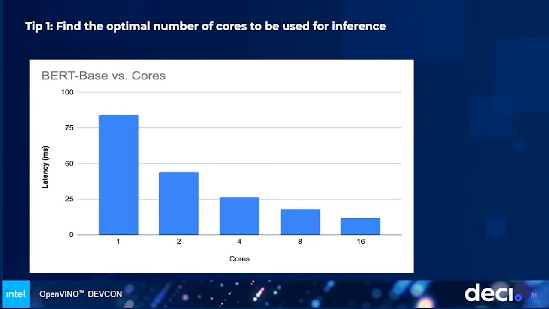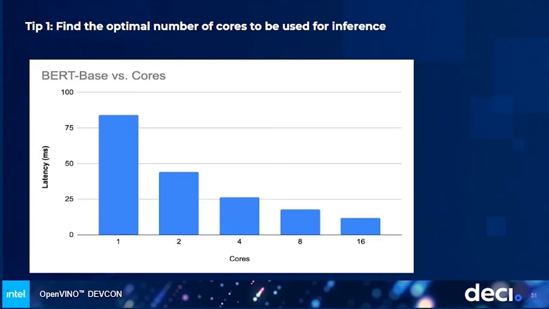As you can see here, we get the latency of BERT base versus number of CPU cores. On 2 cores we get better results than on 1 core, and on 4 cores we get better still, but it's not a linear improvement, it's more of a log. So in the end we get diminishing returns.